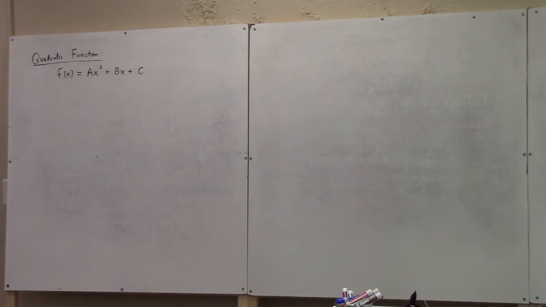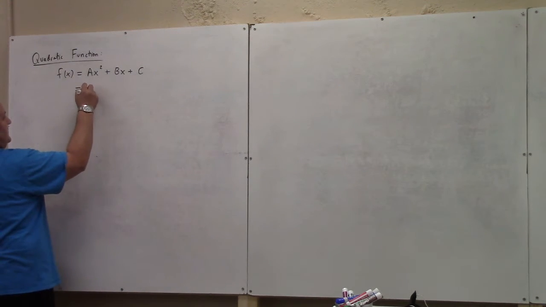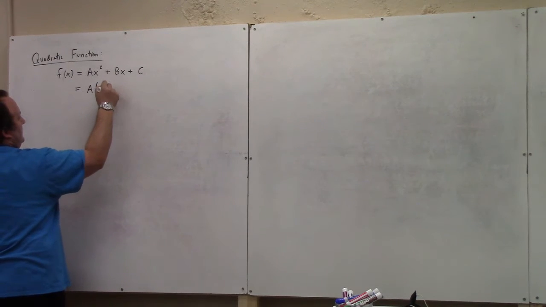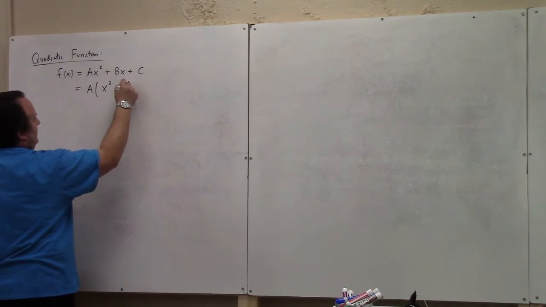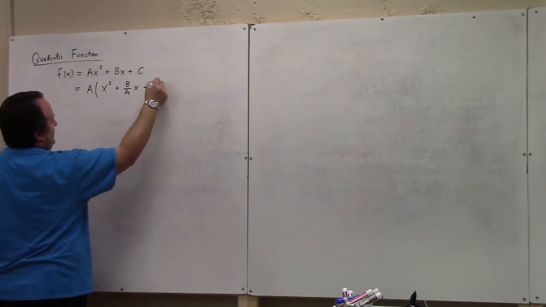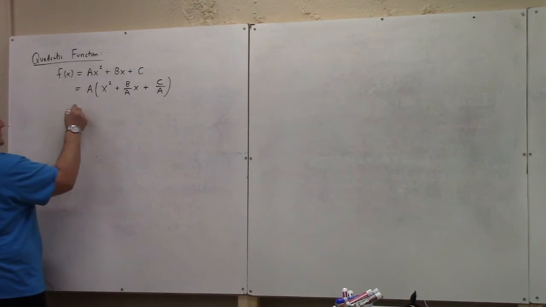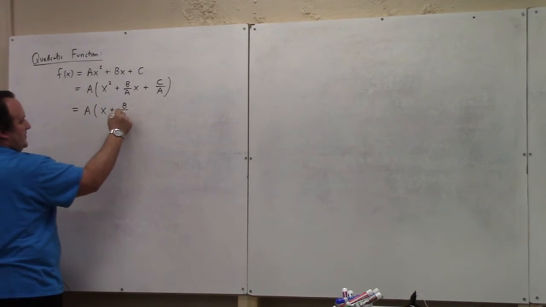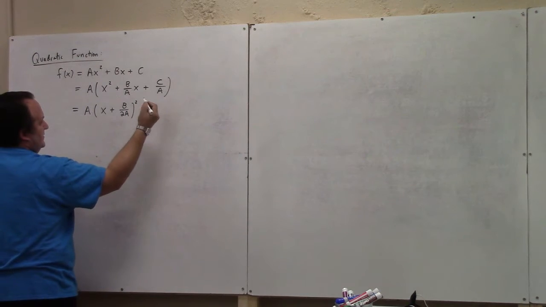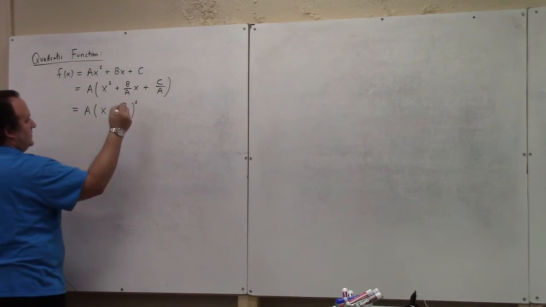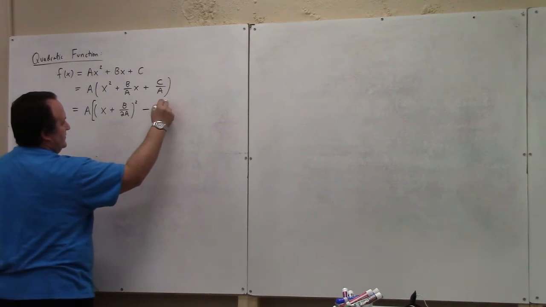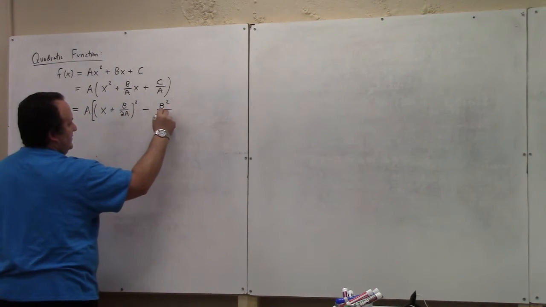And if you were to complete the square on this, this would be a times x squared plus b over a, x plus c over a, and a little bit of algebra here. This is a times x plus b over 2a quantity squared. So to be fair, I have to subtract b squared over 4a squared.